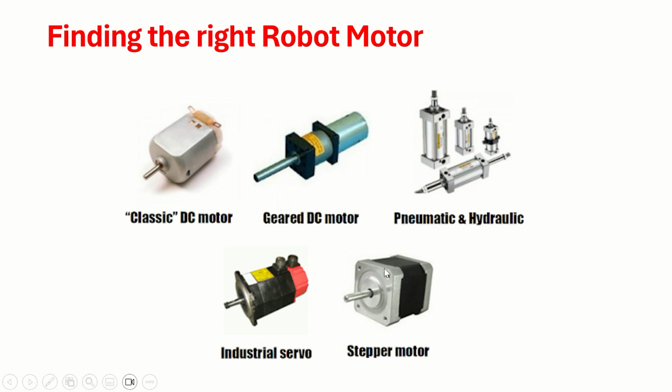Similarly, in case of a stepper motor, it's a combination of a pattern, and the displacement and the speed are controlled. However, in case of a DC motor, it is the amount of current which is passing through the coil that is controlling the speed and the direction of the motor.